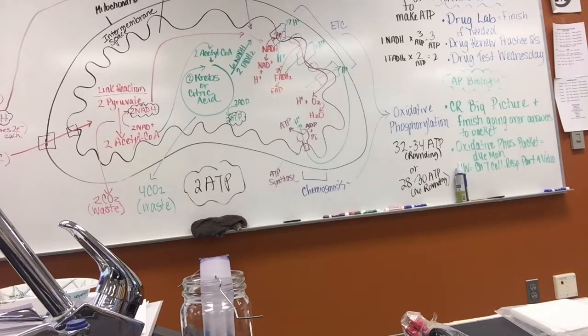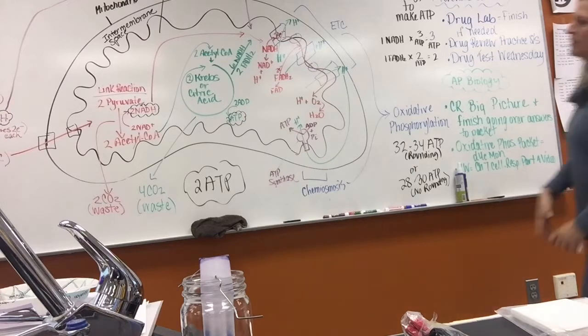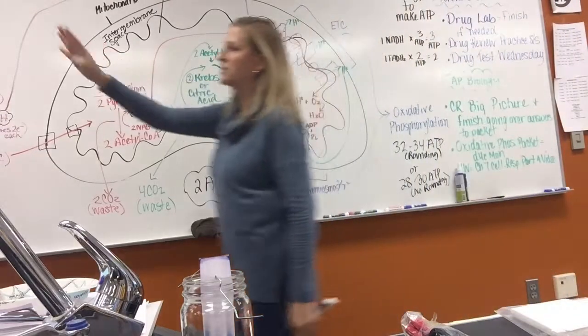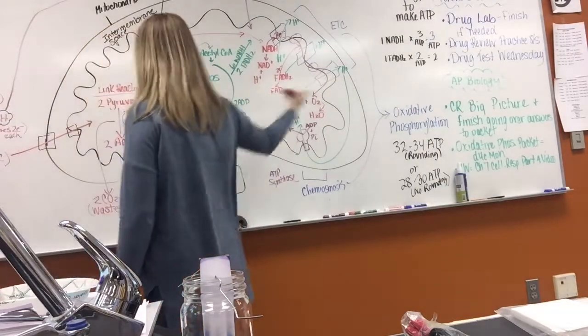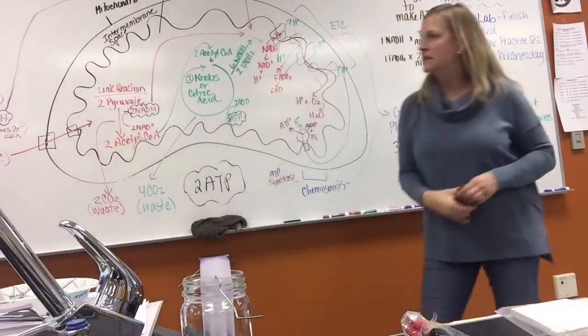Glucose or a fat molecule? What do you think? Caitlin? A fat molecule. A fat molecule, and it's a lot more because of it breaking down into those 4 different molecules entering at the various points throughout cellular respiration.